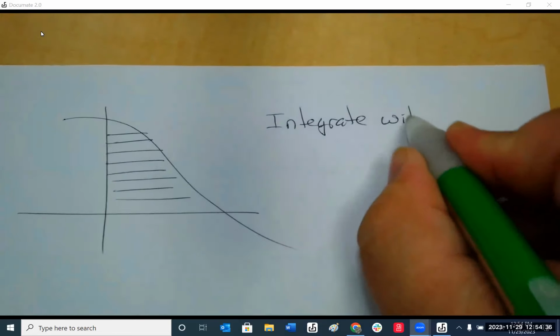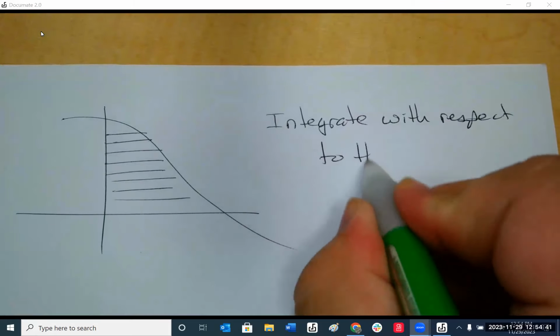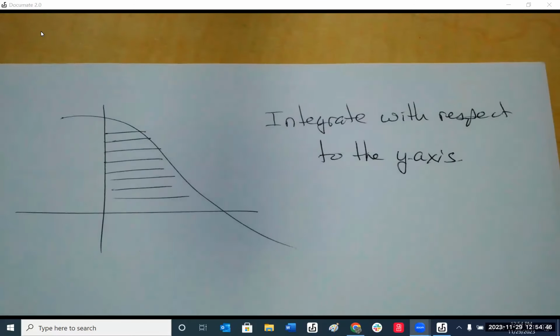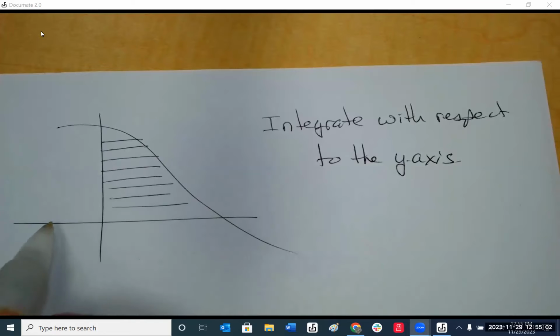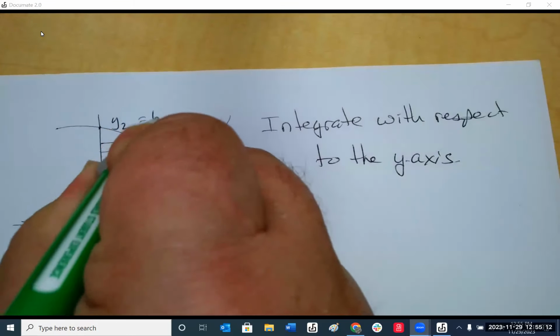Integrate with respect to the y-axis. We're now going to do horizontal integration. Up until now, it's always been vertical. So if we had, your bounds are going to be y variables. You can go from y1 to y2. This is A and B.